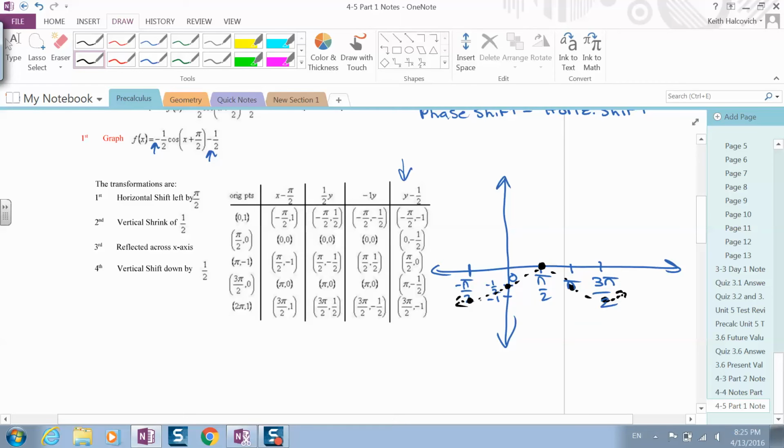So, remember, there was a horizontal shift left pi over 2 and a vertical shift down by 1/2. So the original 0 point actually shifted to the left pi over 2 and down 1/2.